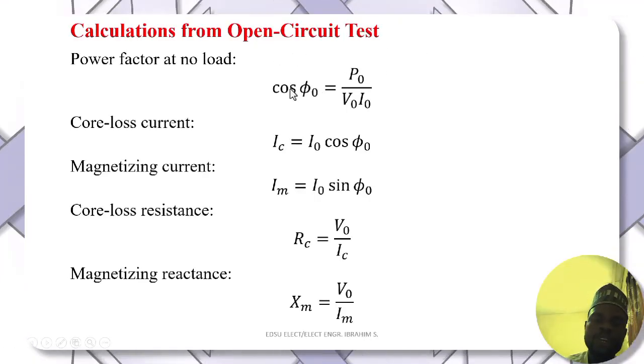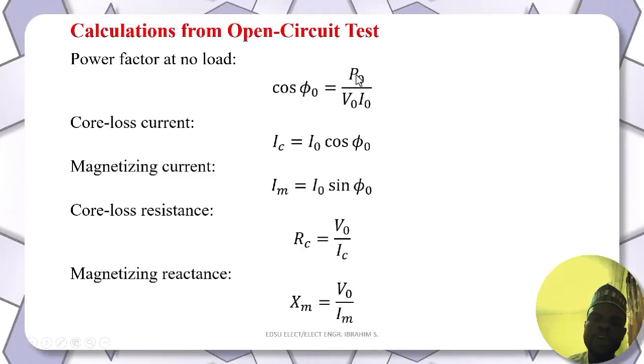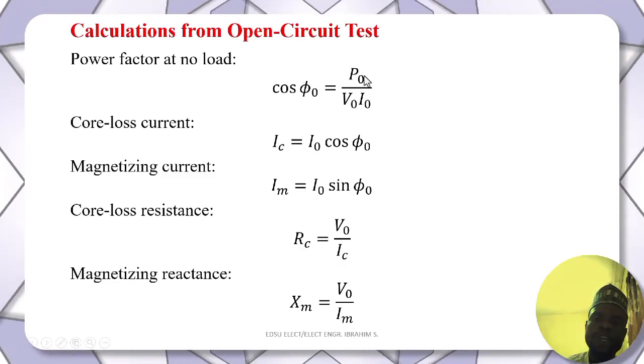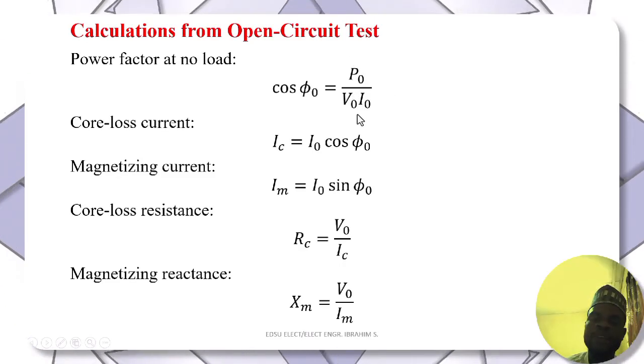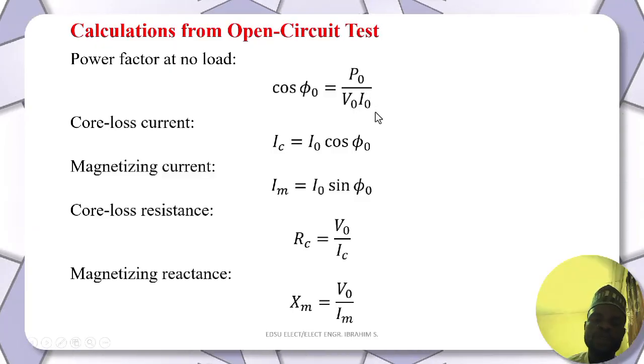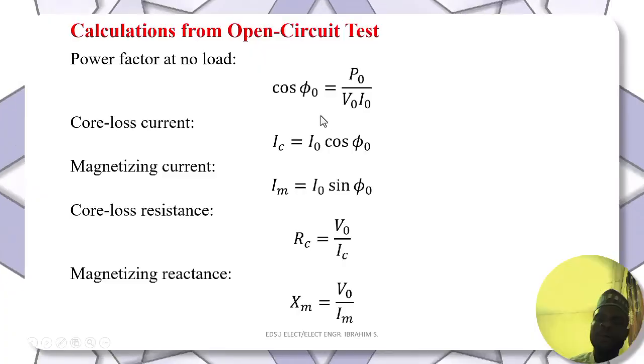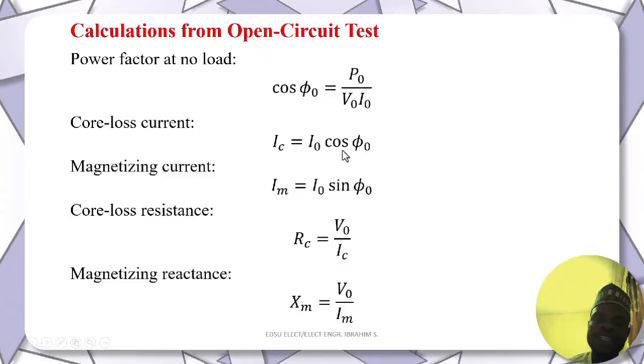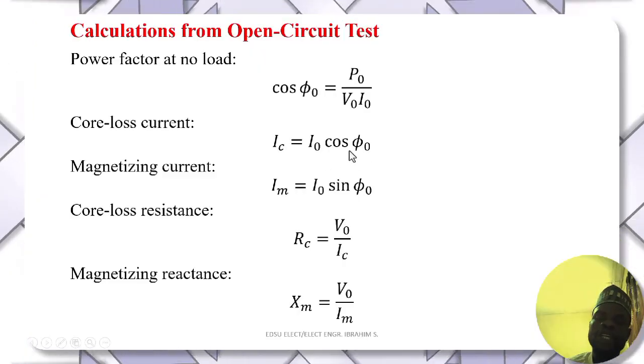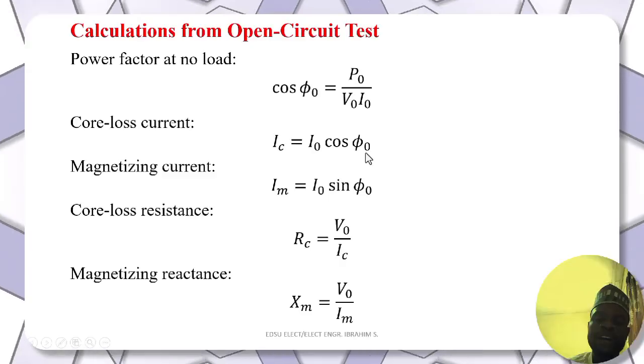So, calculation from the open circuit test: the open circuit power factor will be open circuit power divided by our open circuit voltage multiplied by our open circuit current. The core loss current IC is our open circuit current multiplied by the open circuit power factor.